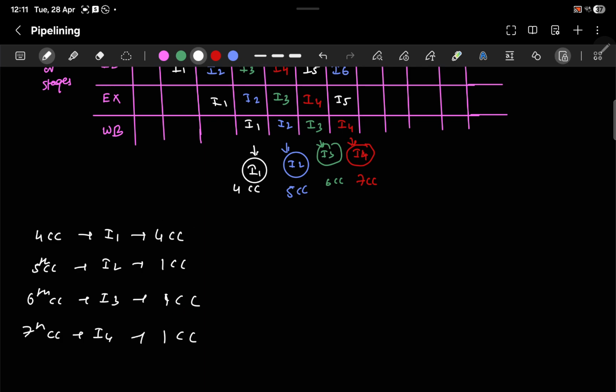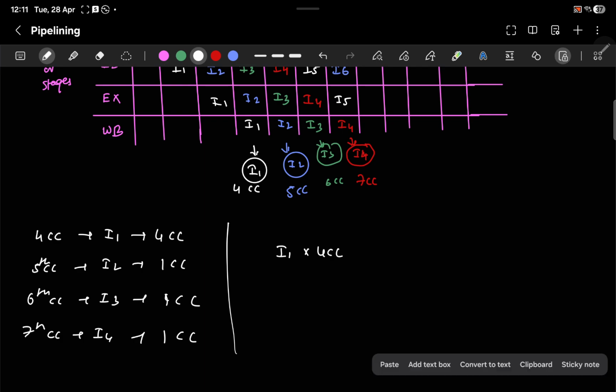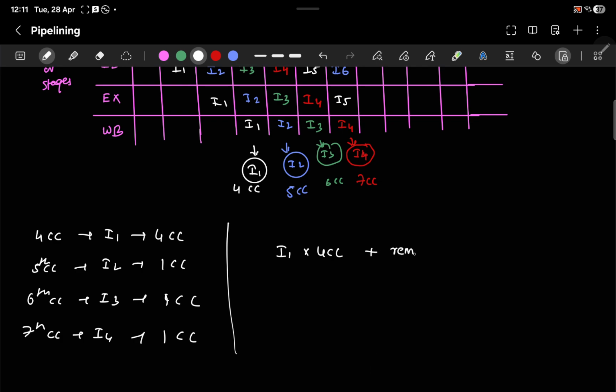So the first instruction, I1, has taken 4 clock cycles, right? And after that the remaining instructions will take only 1 clock cycle each to come out.